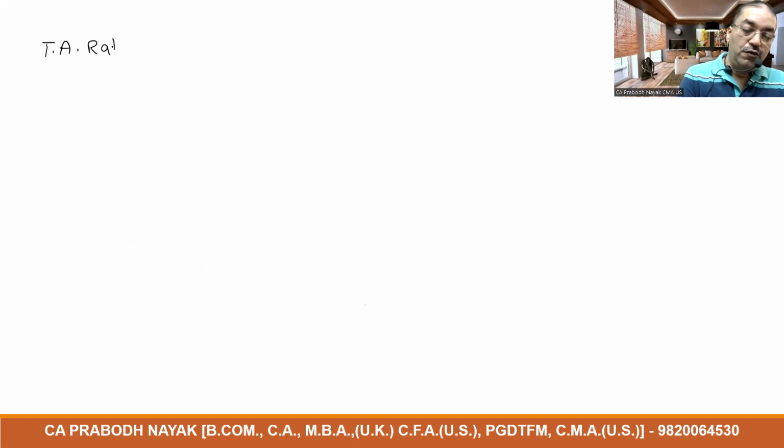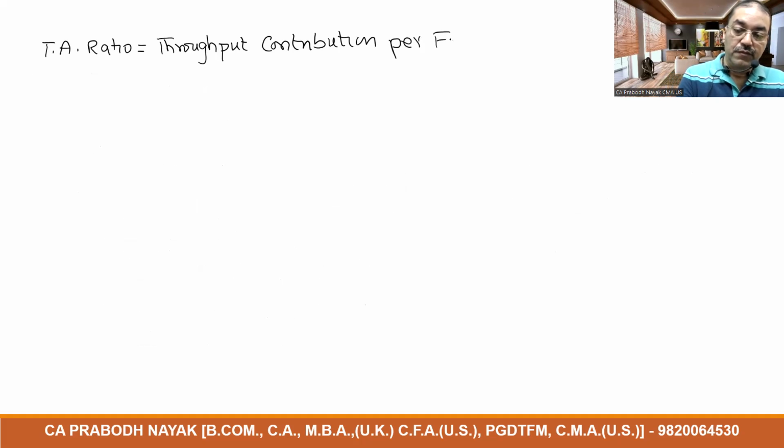TA ratio is equal to throughput contribution per factory hour divided by operation cost per factory hour.